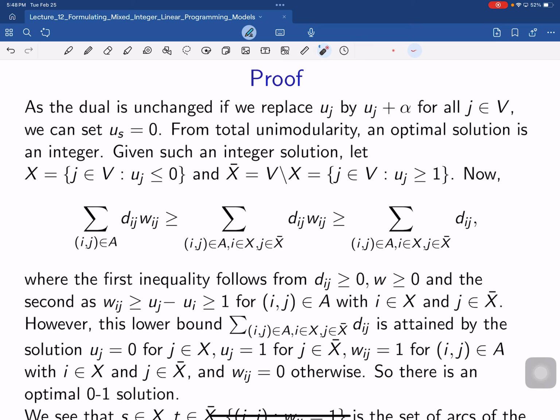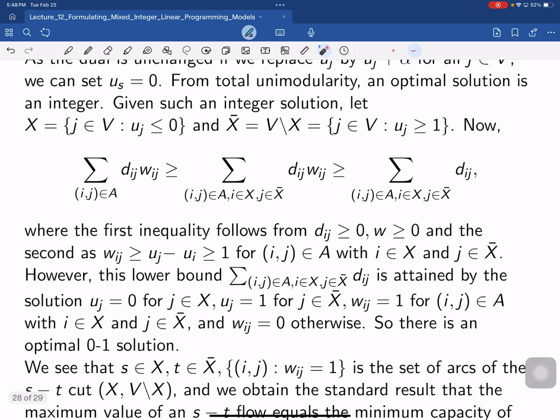Because those ui's are less than or equal to 0, those uj's are greater than or equal to 1, and wij has to be greater than or equal to uj minus ui. So it has to be at least 1. Then if you replace those wij by 1, this inequality still holds, since wij is greater than or equal to 1. Therefore this is a lower bound of the original problem.